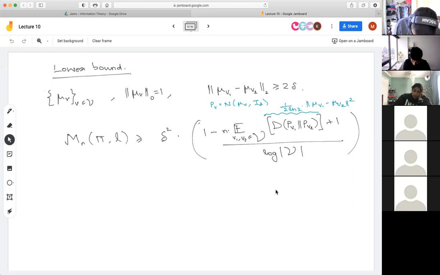Let me claim that we can find at least d points in d dimensions. I'm not trying to find too many now. Last time we found 2 to the d, but there we didn't have any sparsity conditions. Now, any suggestions?